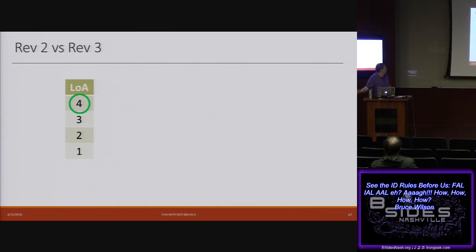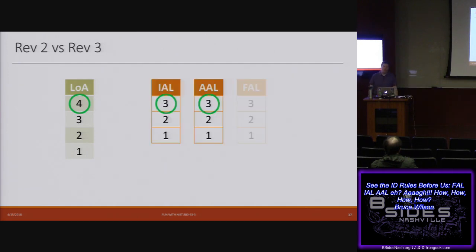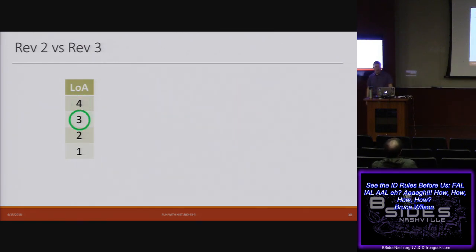So again, maybe I'm worried a lot about that LOA 4 in Rev 2. That almost always is going to translate to an identity assurance level 3 and an authentication assurance level 3. But there's some interesting examples. So in my day job, one of the things we had to consider was an LOA 3 authenticator.